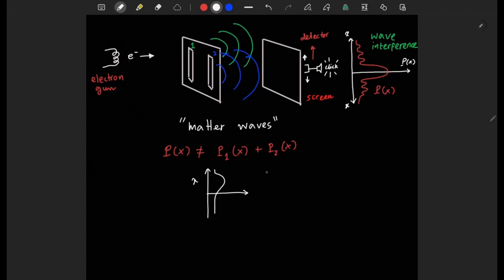For P2 you'd get a distribution that looks like this, and if you add the two you get a normal distribution, which of course isn't the one that you see. All right, so now we have conclusively proved that quantum mechanics does not really support our intuition.